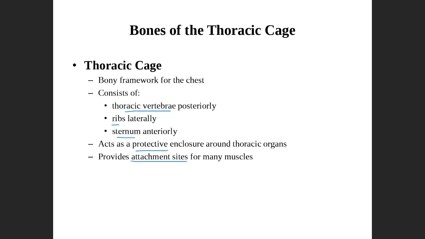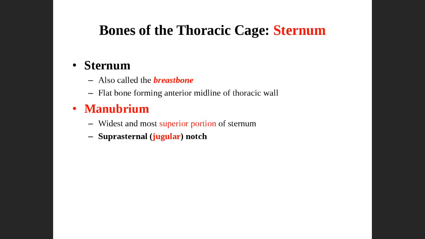Not only for your abdomen, like the rectus abdominis, but you'll have pectoral muscles, chest muscles, back muscles, and then some of the muscles for your upper extremity will attach onto the thoracic cage there. All right, so let's start off and talk about the anterior component of your thoracic cage, the sternum.